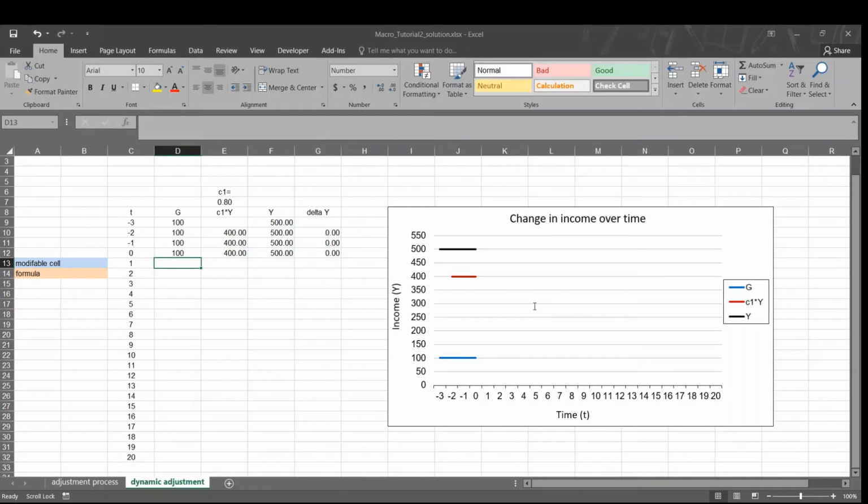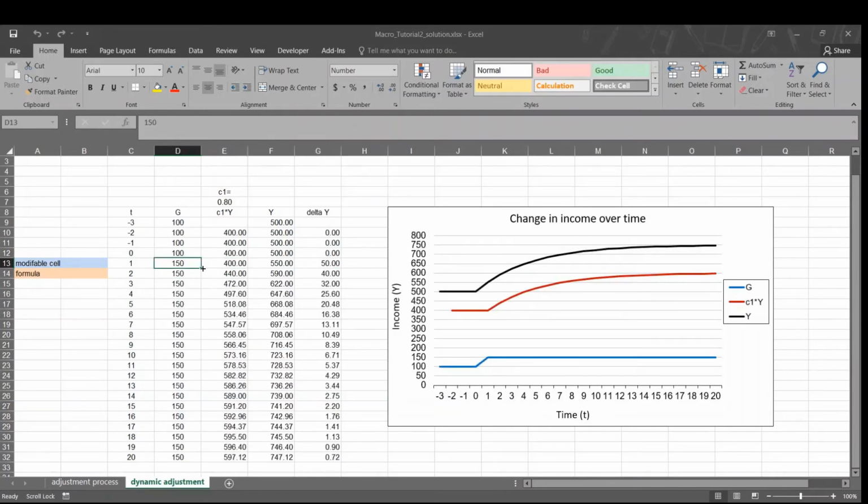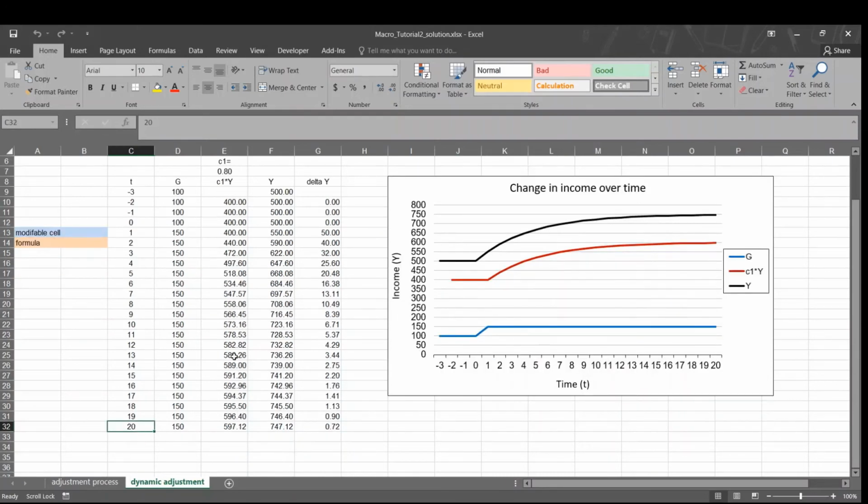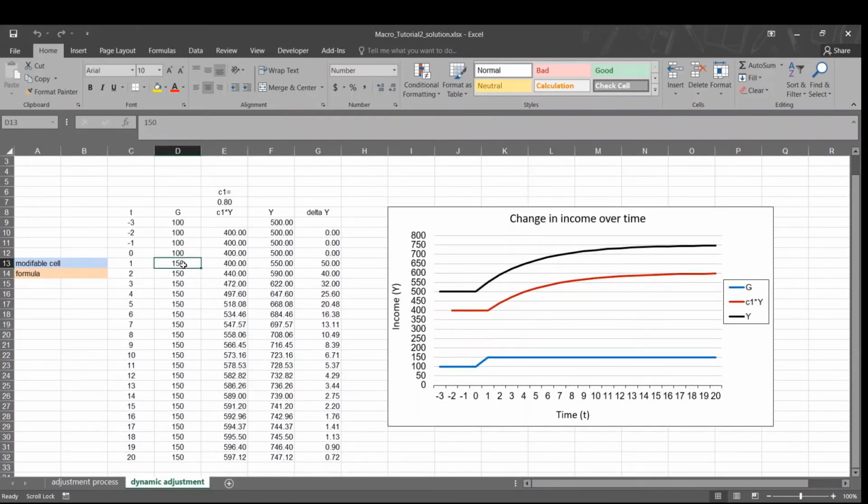However, we have said that at t1, the government increased its expenditure from 100 to 150, which we would apply until time period 20. So as you can see, if the government expenditure increased from 100 to 150, our income would automatically increase from 500 to 550, and our delta would be 50.